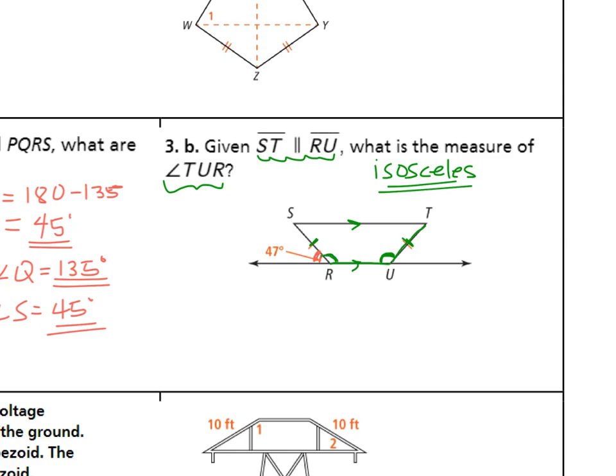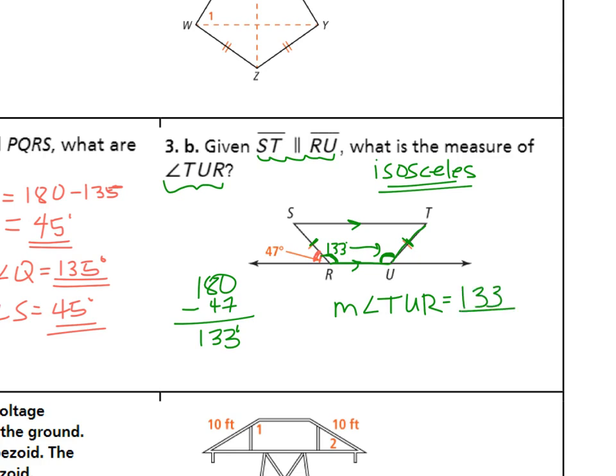If we can find that angle, then we know the angle of TUR. If we take 180 minus 47, we would get angle SRU to equal 133 degrees. Now, if that angle is 133, then angle TUR is also 133 degrees. So the measure of angle TUR is 133 degrees.